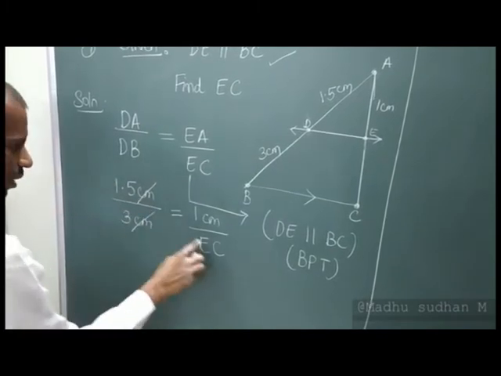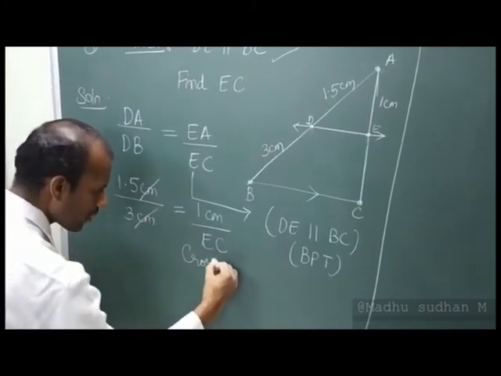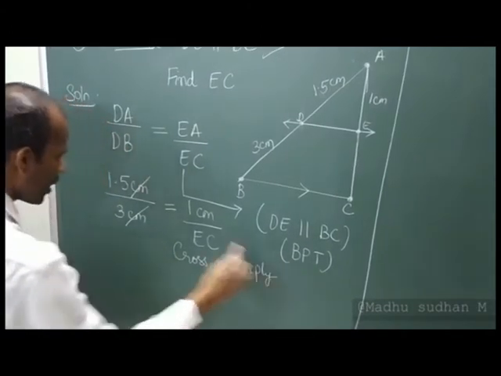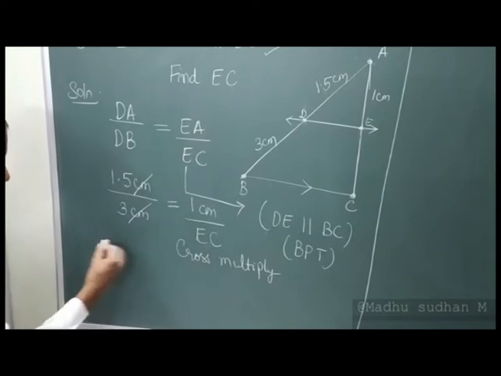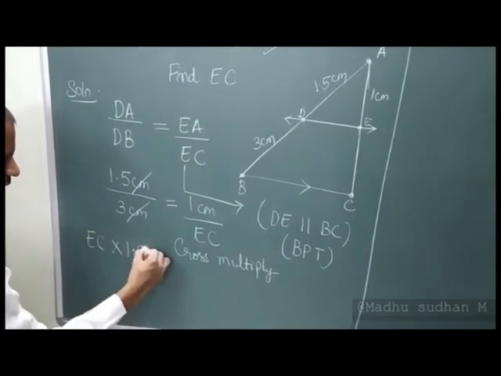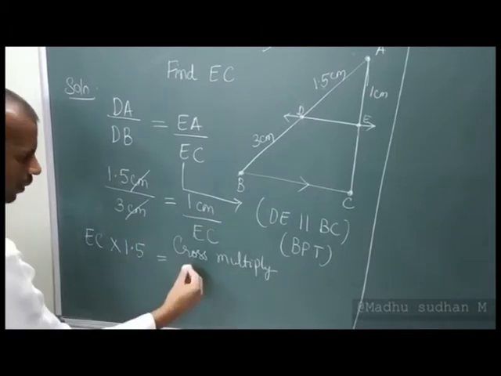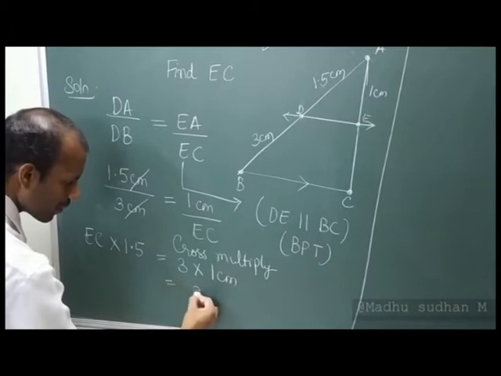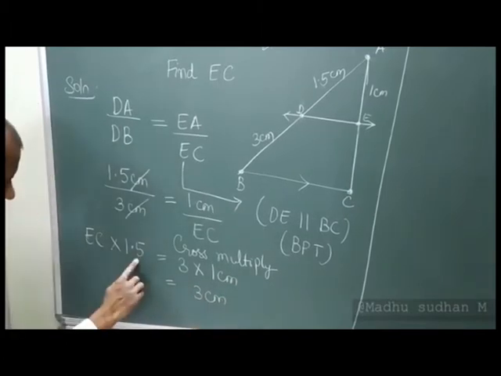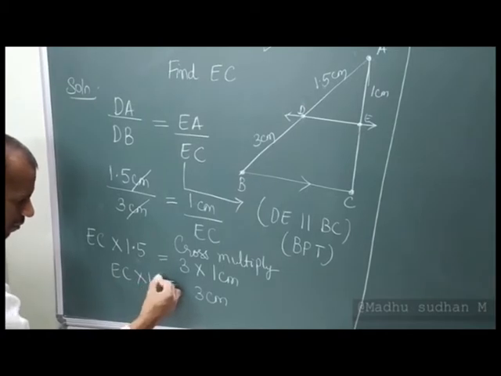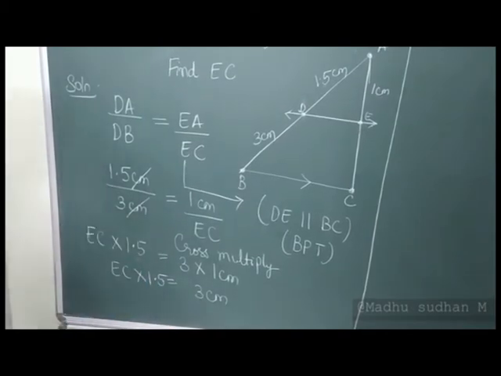So now if I cross multiply, that would always be better. So I shall get EC into 1.5, which is equal to 3 into 1 centimeter, so this is 3 centimeters.